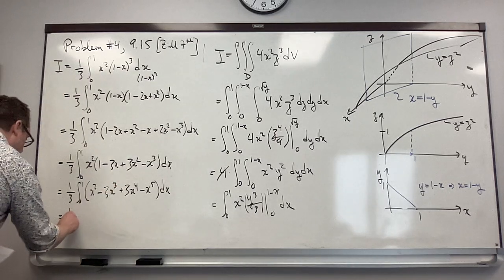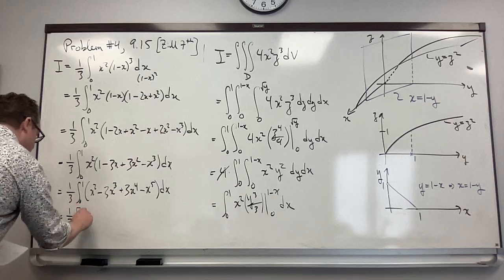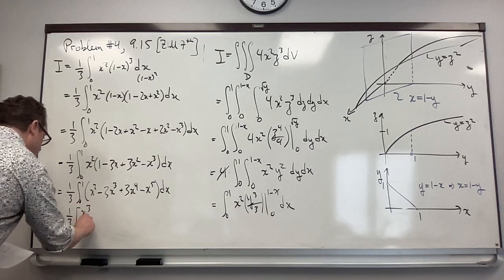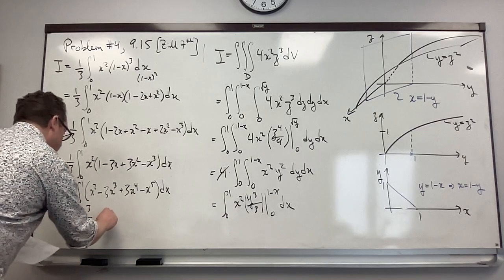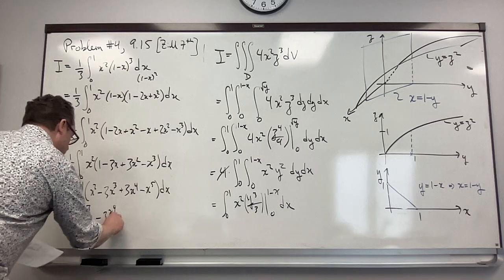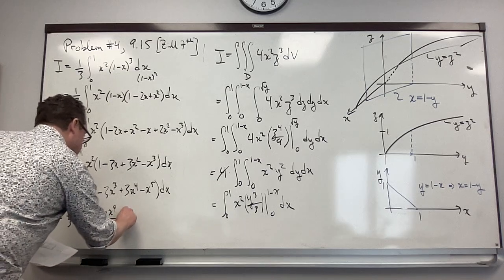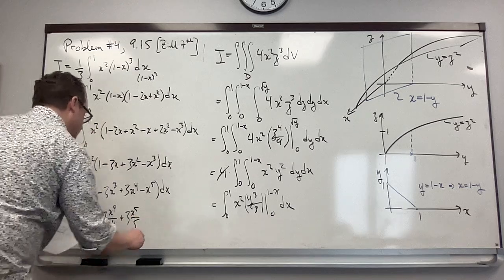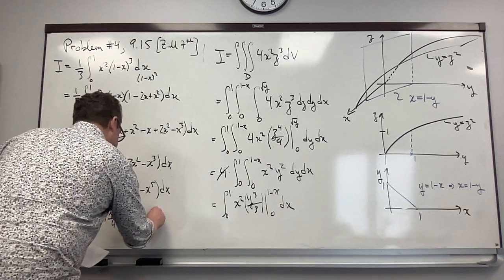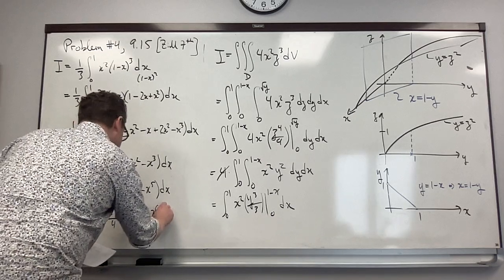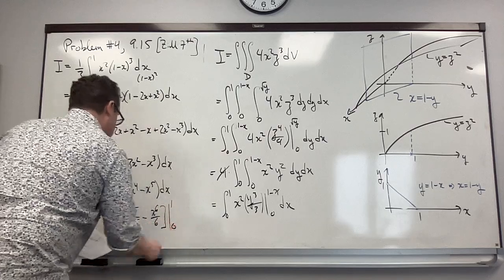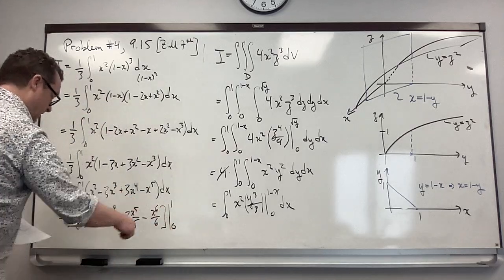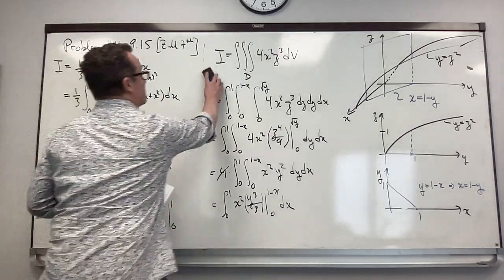We can do it right here. 1 over 3, and then we have x cubed over 3 minus 3x to the 4th over 4 plus 3x to the 5th over 5 minus x to the 6th over 6, from 1 to 0. So we're just going to have this whole thing at 1.